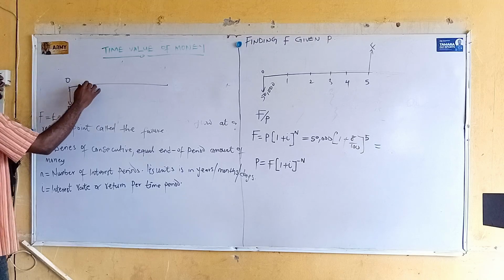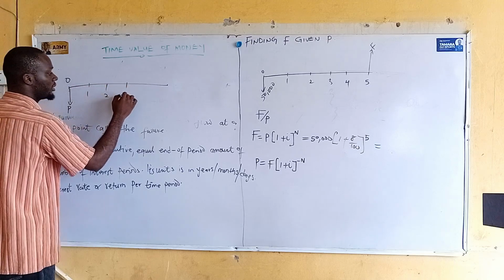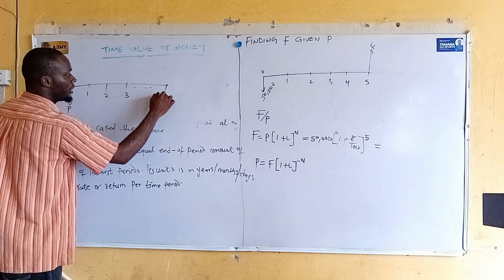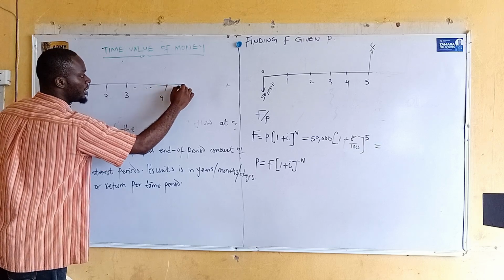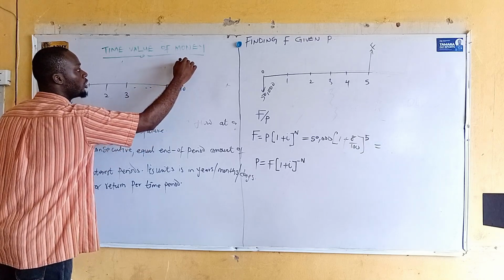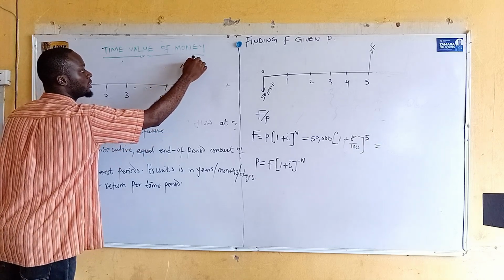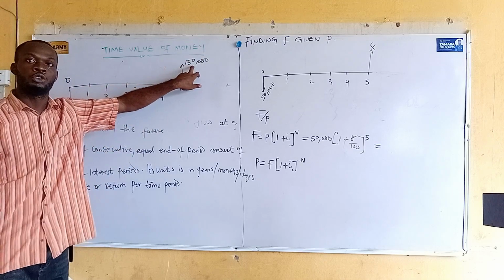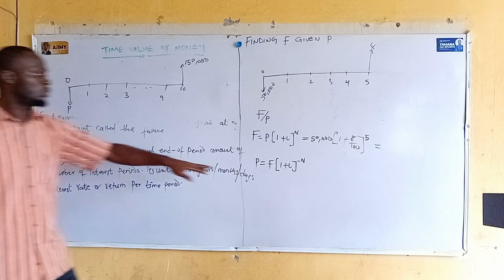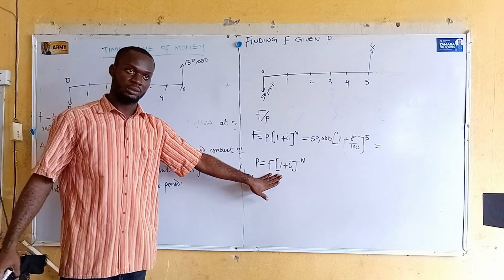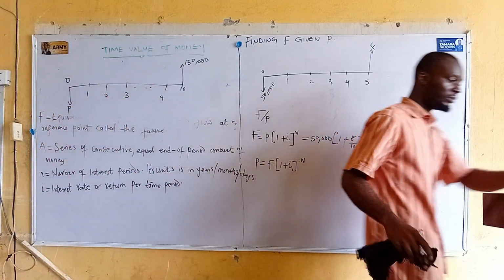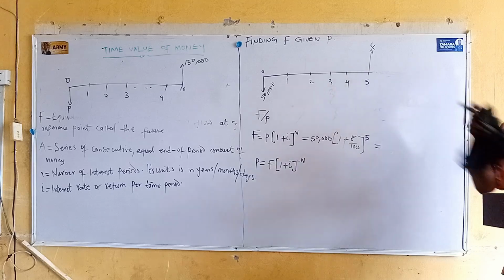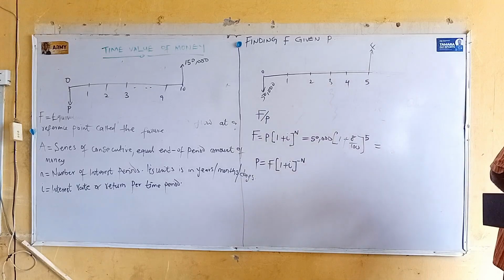That's P. So after 10 years, I'll need to withdraw 150k. So now you have the future to find the present. You use this formula. Do you understand? Yes. So it's not as simple as this, but I'm explaining as we go forward.